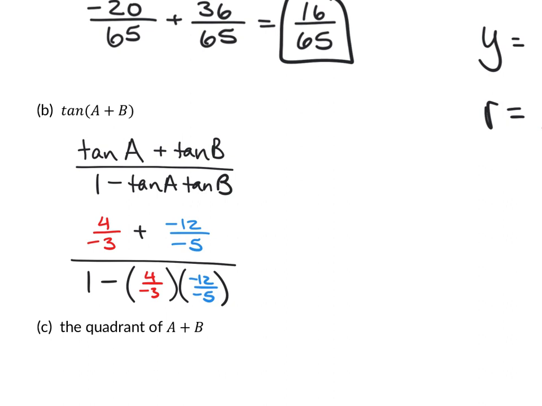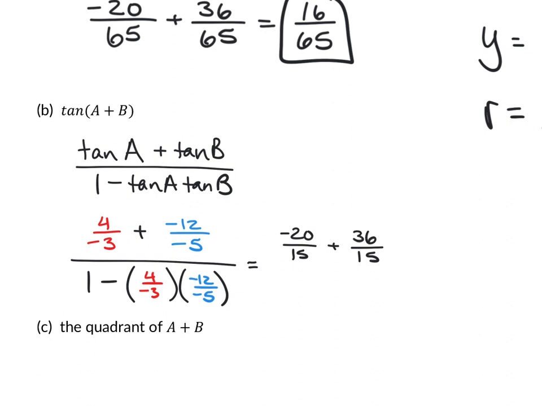At this point, we just need to do a whole lot of arithmetic with fractions. In the numerator, we cannot add those until they have a common denominator. What's going to be the least common denominator between 3 and 5? 15. So I'm going to stick the negative up in the top here. This is going to end up being 15 and then 15. I had to multiply 3 times 5 to make 15, so 4 times 5 is 20, but we make it negative, so that the negative sign is still there. 5 times 3 is 15, so 12 times 3 is 36.